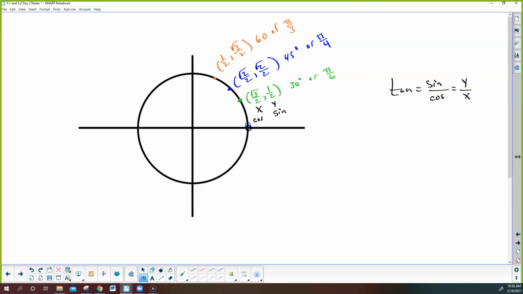And then just know the location of the quadrantal angles. All right? And really, that's it. If you know all of this, you can do reflections on all the other pieces.